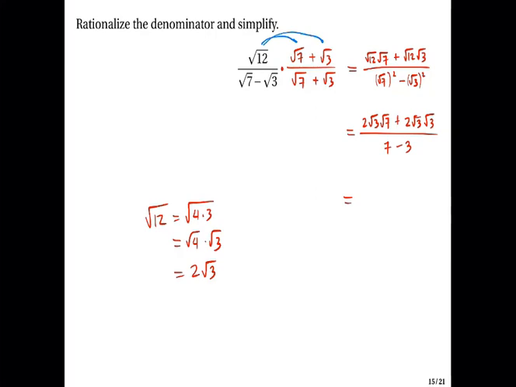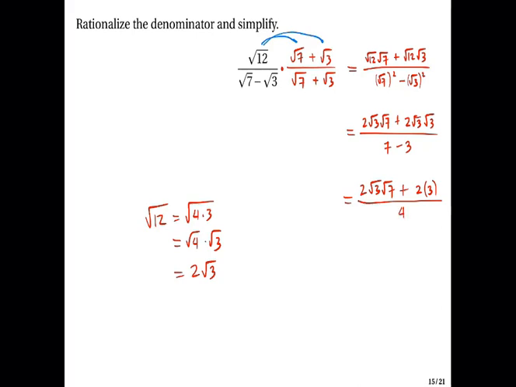So we write it as is, 2 square root of 3 square root of 7. Whereas here you have 2, you have square root of 3 times the square root of 3. And that's 3. So you have something like this. Correct? And then denominator, 7 minus 3, that's just 4.